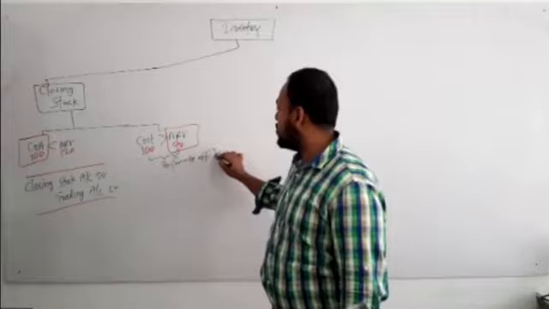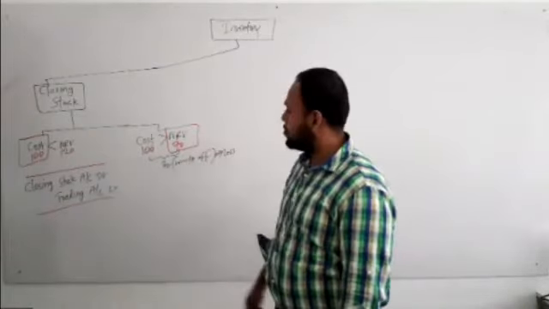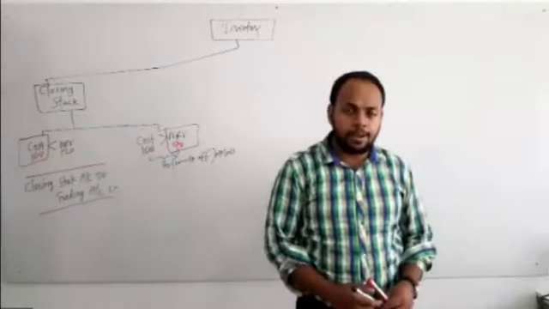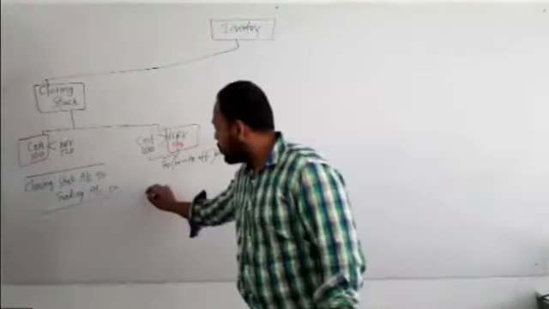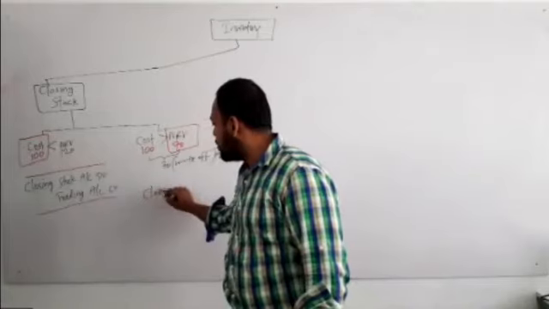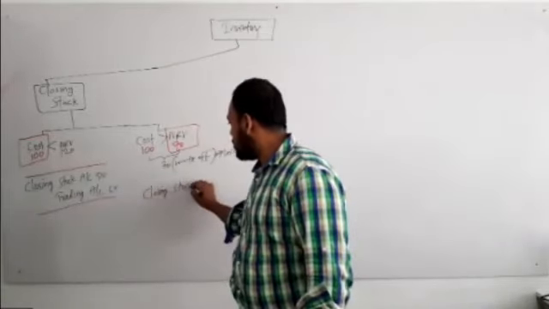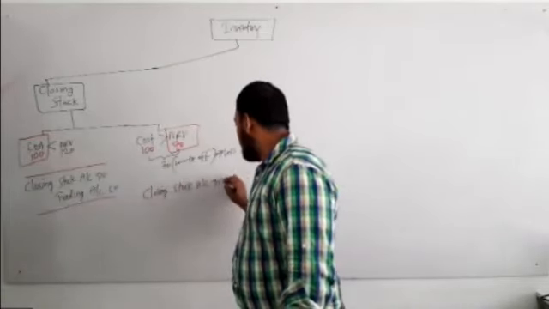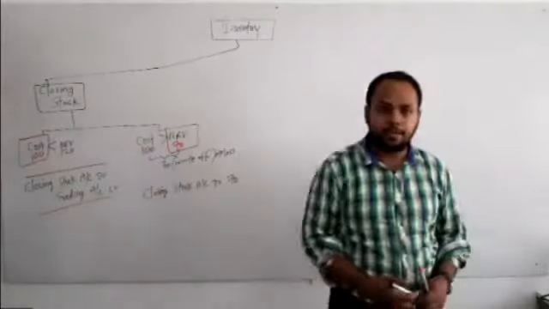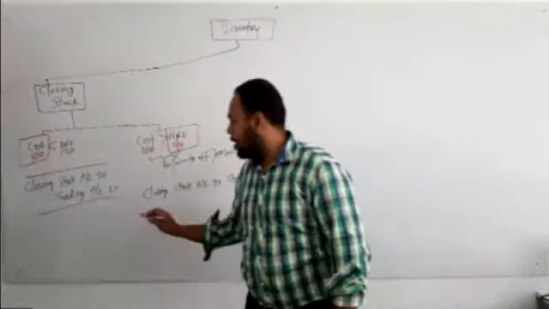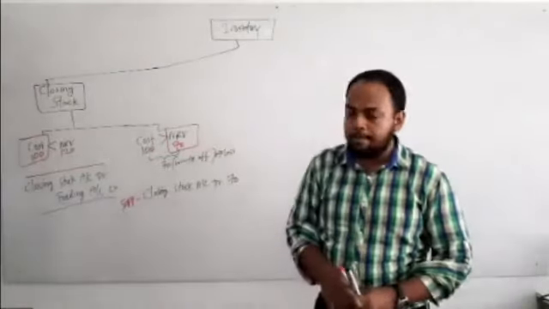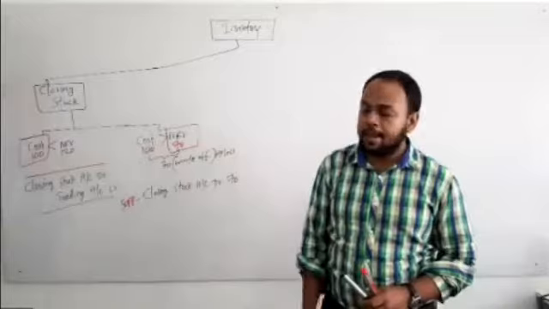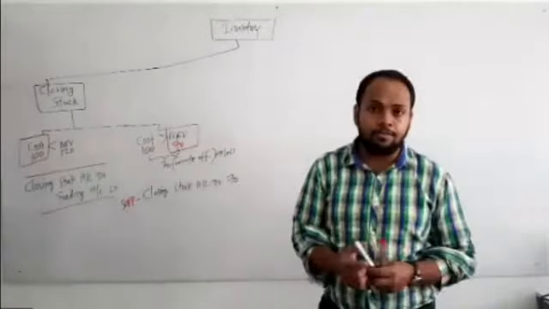We treat this as a loss. 30 will be treated as a loss. Then the double entry will be closing stock account debit 70, which goes to SOFP. And 30 is an expense.